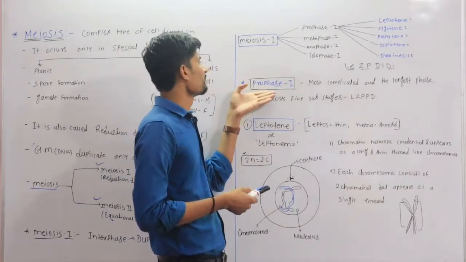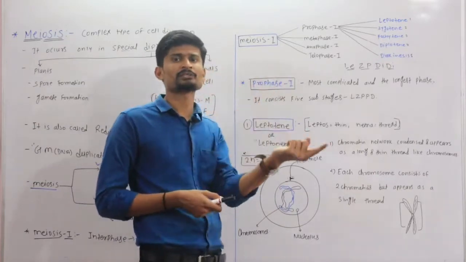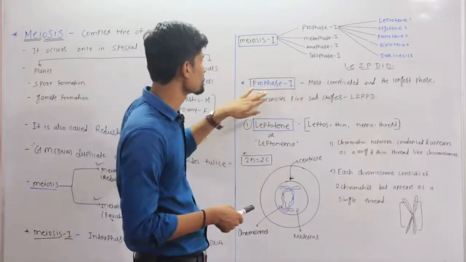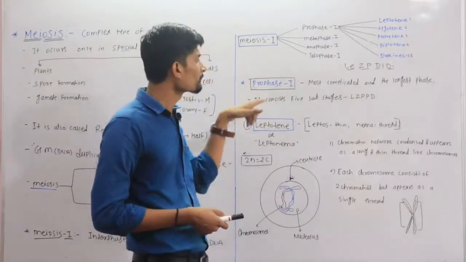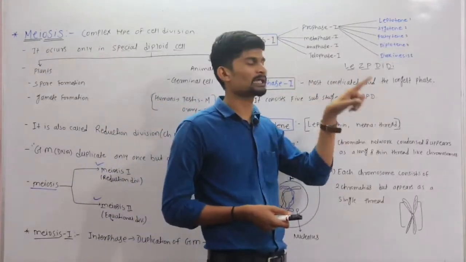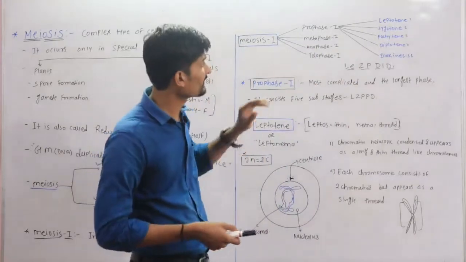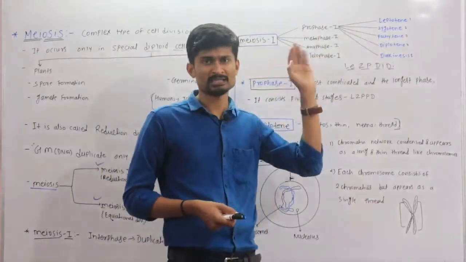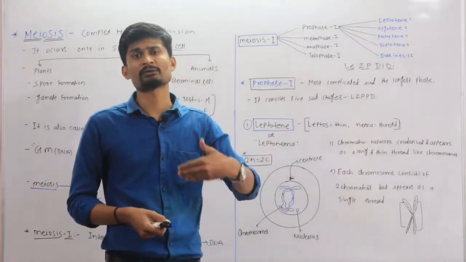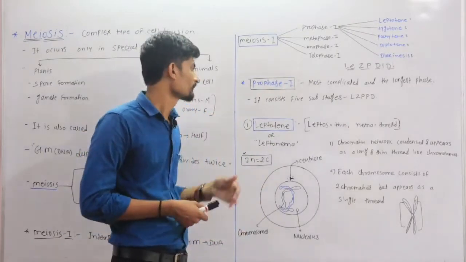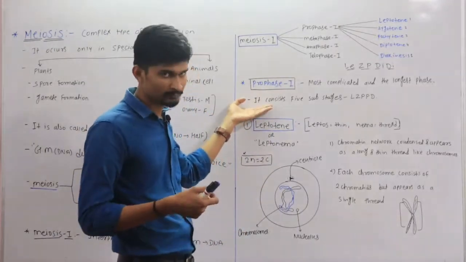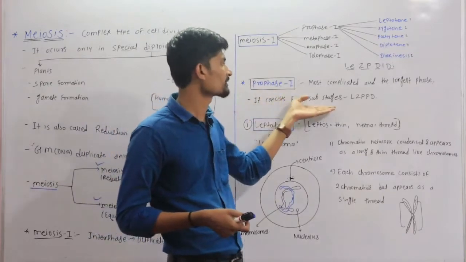Now in meiosis 1 there is prophase 1. Prophase 1 is the most complicated and longest phase, because it has all these 5 substages, which is why it requires more time.